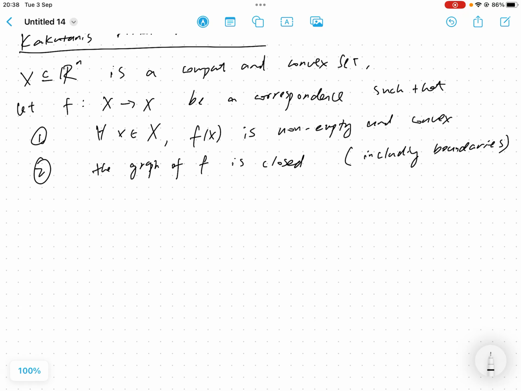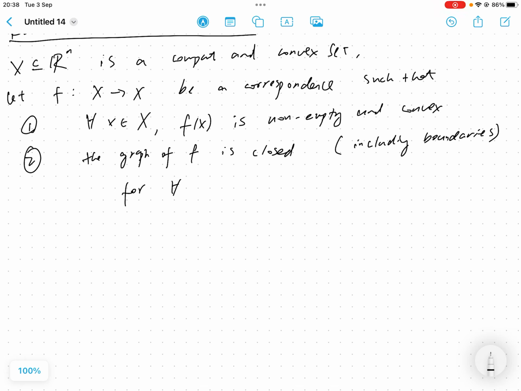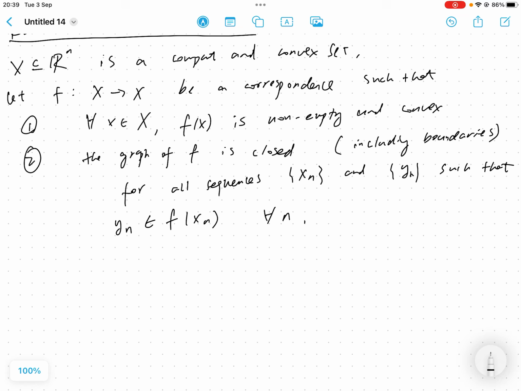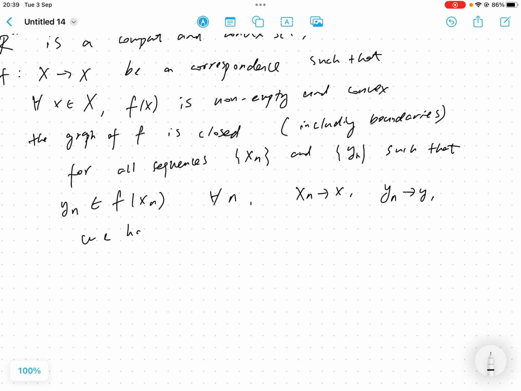More rigorously, for all sequences x_n and y_n such that y_n is an element of the correspondence F with input x_n, for all n, and x_n converges to x and y_n converges to y, we have that y in the limit is an element of F with input x in the limit.